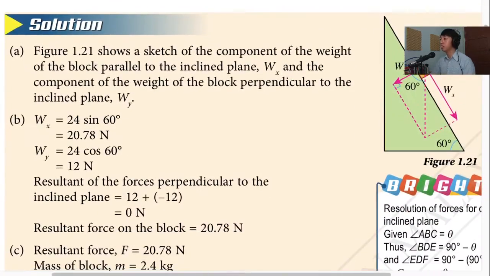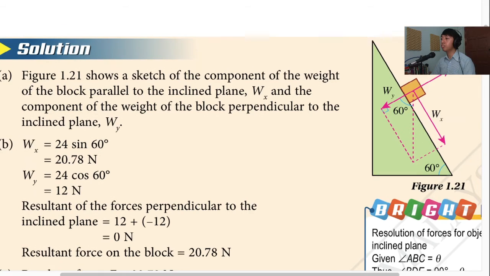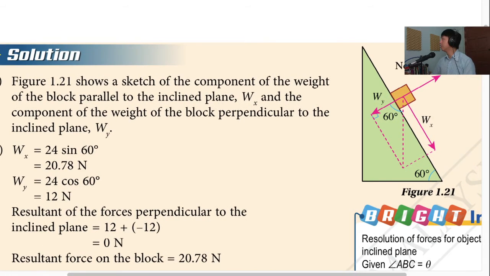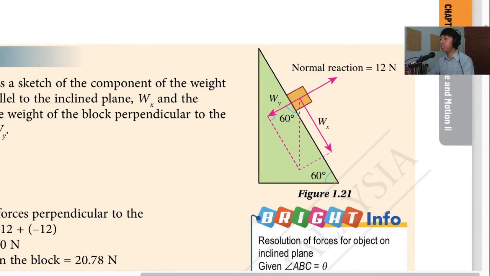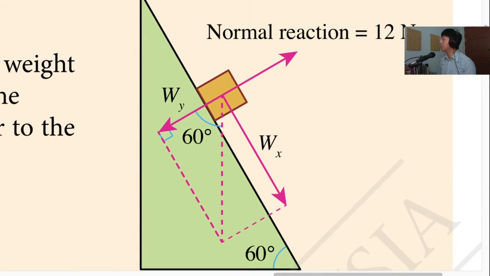Since the textbook has the answer, just like what I said, you have to draw it properly. You have Wx and Wy, and you form a triangle. It's already given 60 degrees.